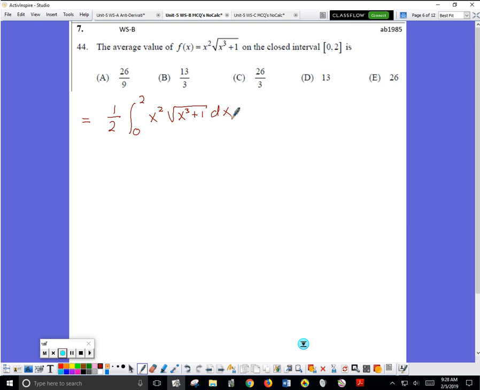But 2x isn't this, so that doesn't seem good. But if I choose u to be x cubed plus 1, the derivative is 3x squared. That is this. So I just jump right into u substitution by writing u equals x cubed plus 1. I don't worry about anything else.